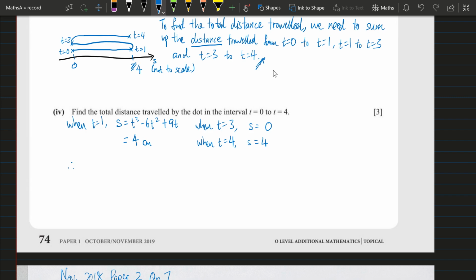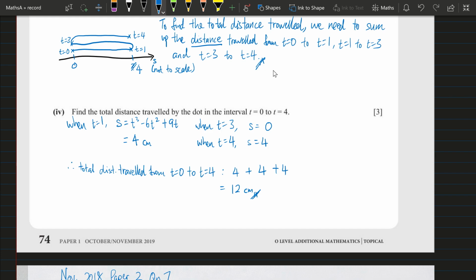So therefore, total distance traveled from t equals to 0 to t equals to 4 would be 4 plus 4, because the particle traveled 4 cm from t equals to 1 to t equals to 3, plus this final 4. So that will give us 12 cm.